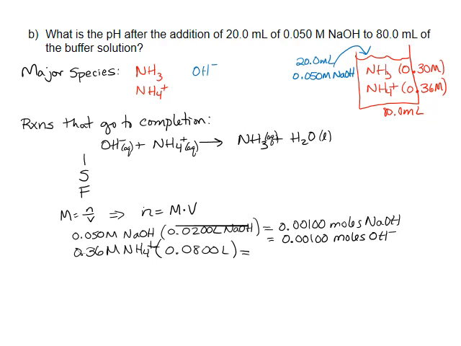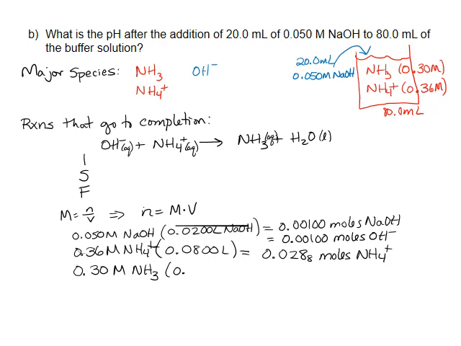Multiplying that out, we find that we start off with 0.0288 moles of the ammonium ion in our buffer solution. The ammonia was 0.3 molar.